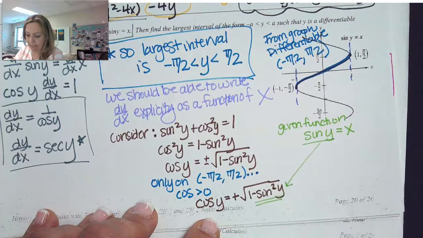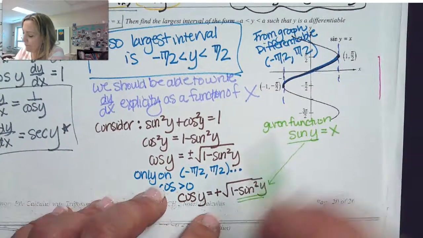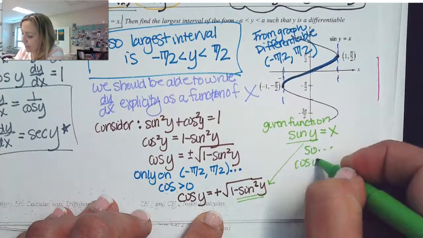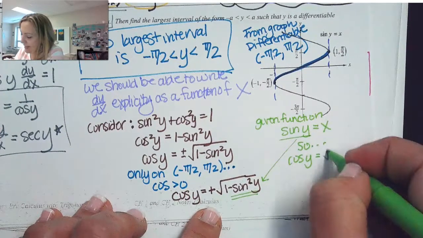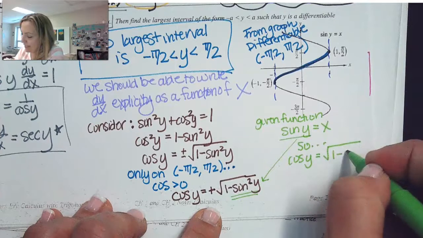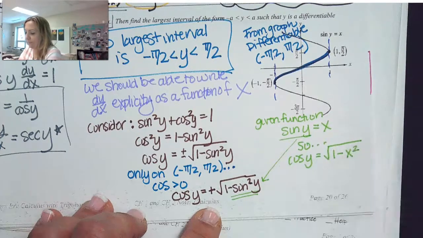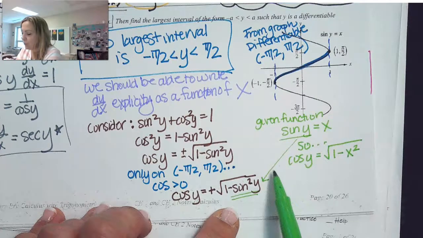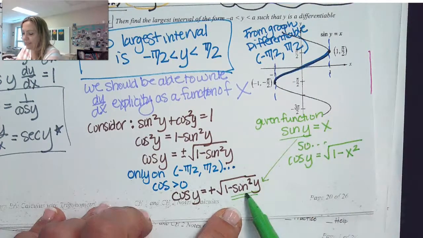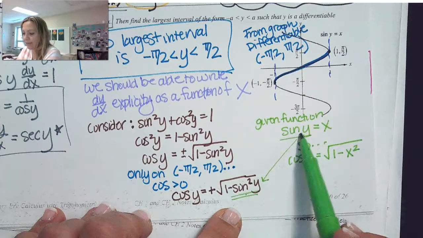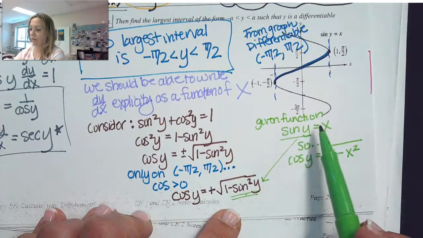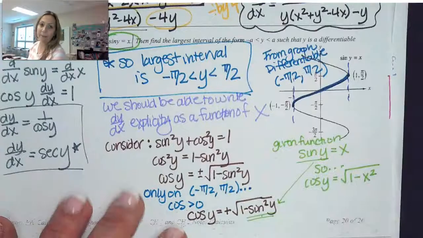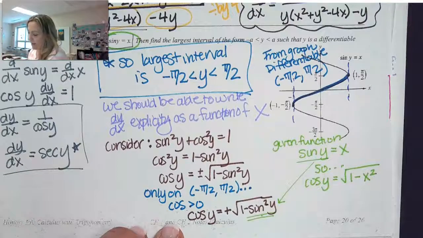That means that the cosine of y can really be written as the square root of 1 minus x squared. Do you see how I can replace this sine of y with this x because of that given function? Because in this problem, x is the sine of y.